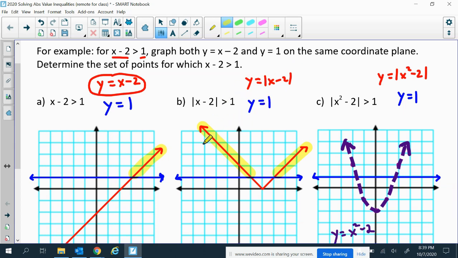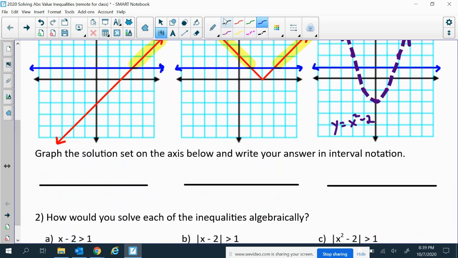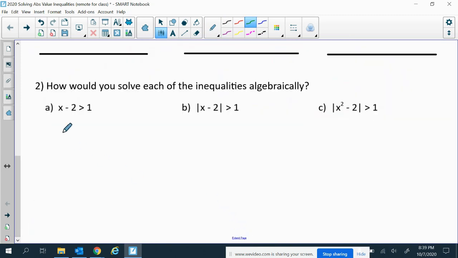If we analyze these in terms of solving for them, that's not rocket science. We've done these in classes before. If we add 2 to both sides, we get x is greater than 3.